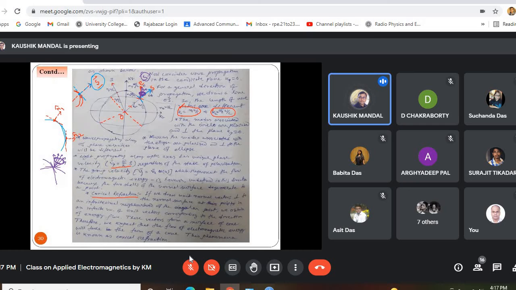That's why this kind of refraction is known as conical refraction. Now if you have any doubt, you can ask me. You have no doubt. Good.